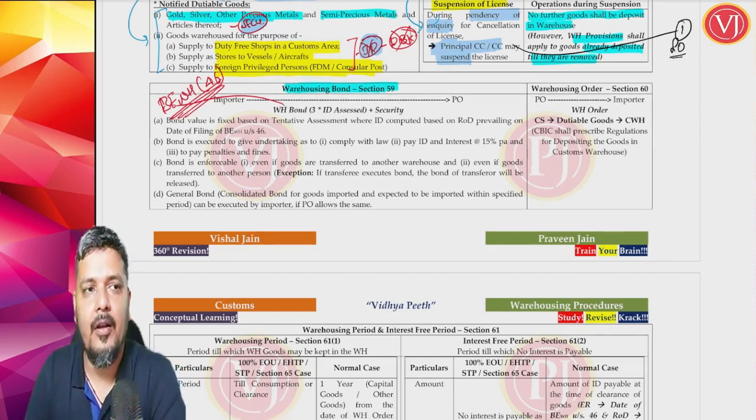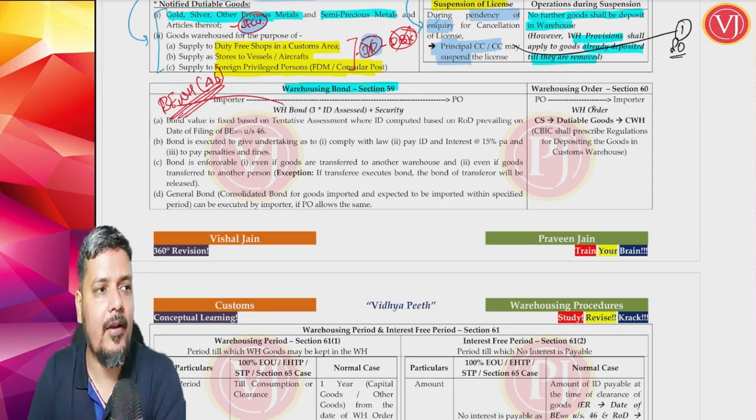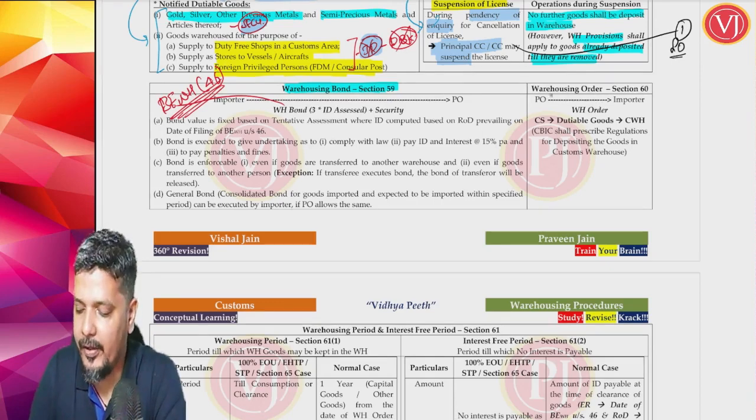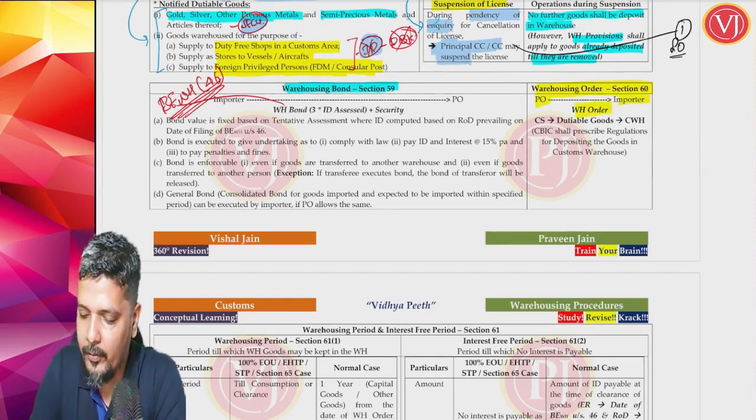After the importer files the bill of entry for warehousing under section 46 and gives a warehousing bond under section 59, the officer will give a warehousing order. Importer will give a warehousing bond.